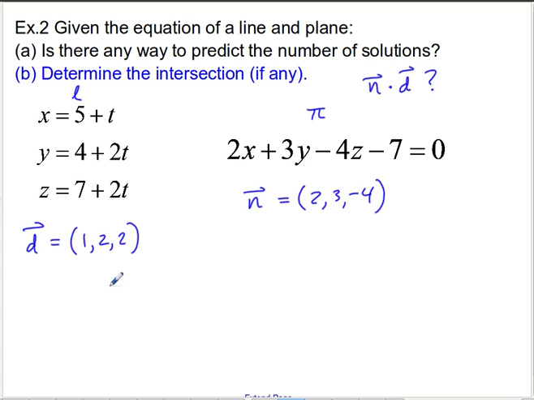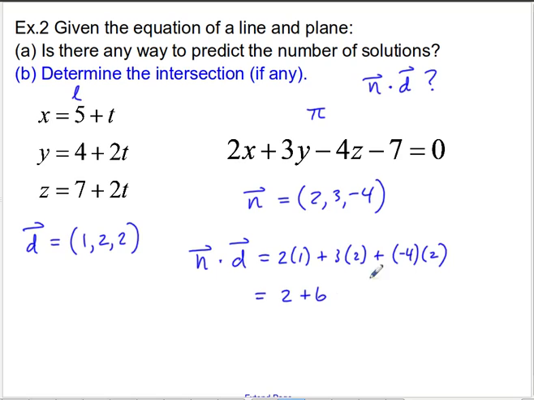Now I can evaluate the dot product n dotted with d: 2 times 1 plus 3 times 2 plus -4 times 2, so 2 plus 6 minus 8, which gives me 0.